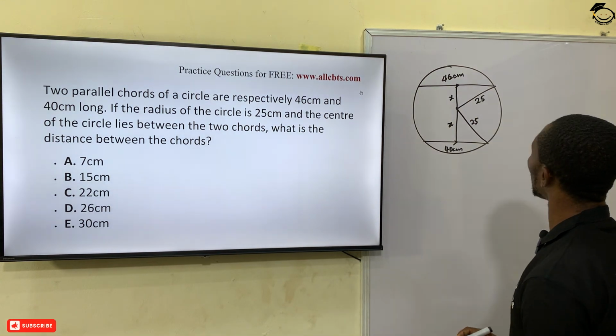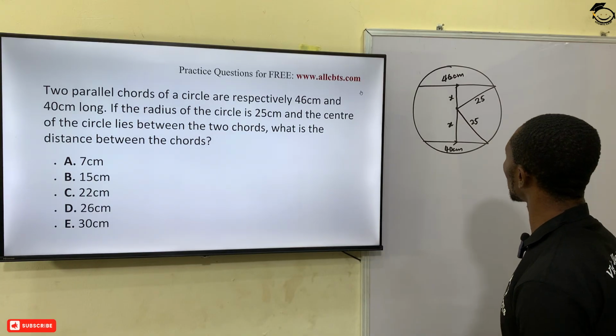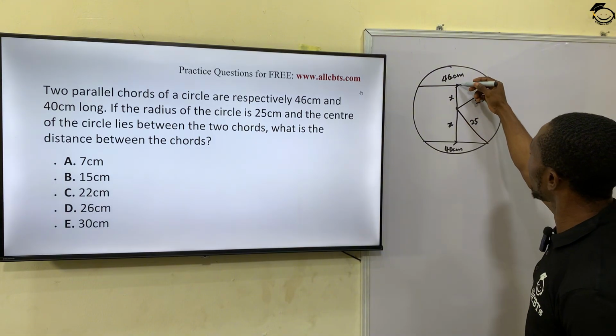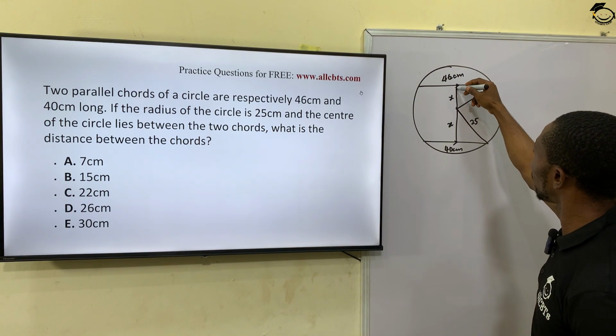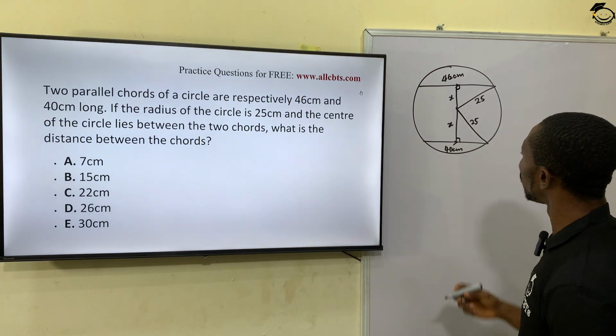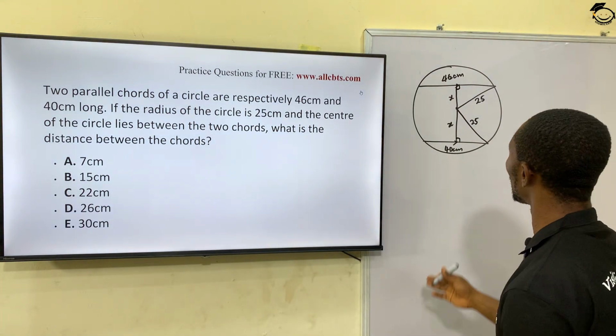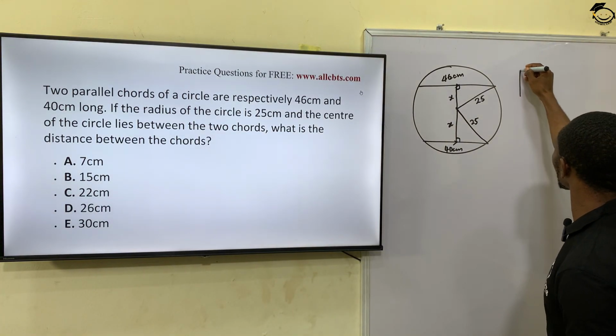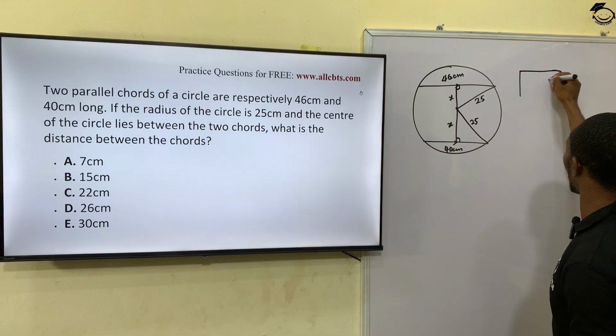All right, now for the purpose of this, we know from our circle theorem that when a line from the center of our circle bisects, touches our chord, it forms 90 degrees, which means it's perpendicular to the chord. So bringing out this, we have this as the first part.